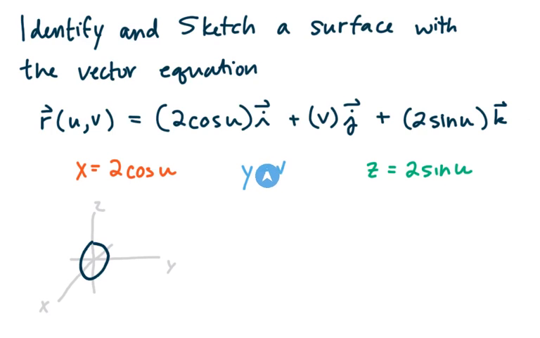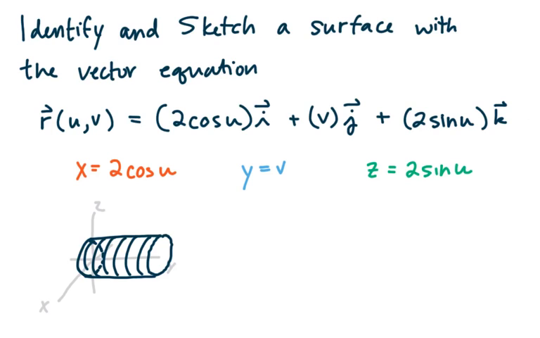Thinking about v being in terms of y, it's essentially saying we're extending this out around the y-axis, almost as though we're extruding it, if you will. Visualizing this, I'm going to draw my circle again here and extrude it. So really, this is parametrizing a cylinder of radius 2 around that y-axis.